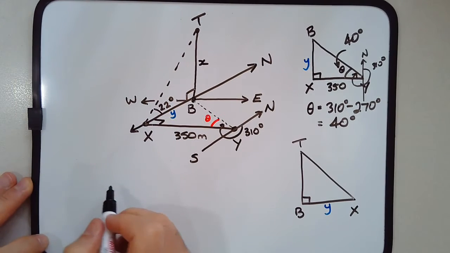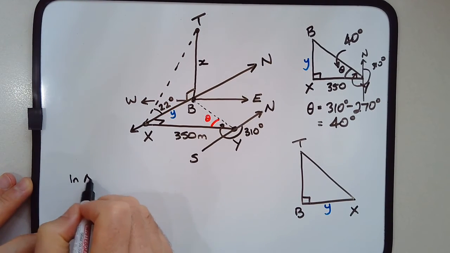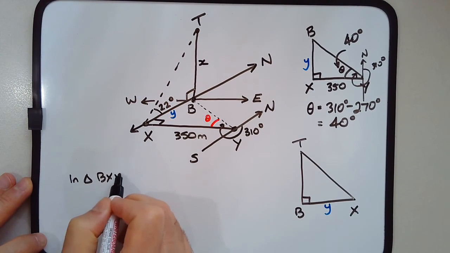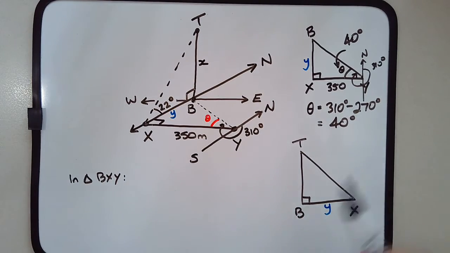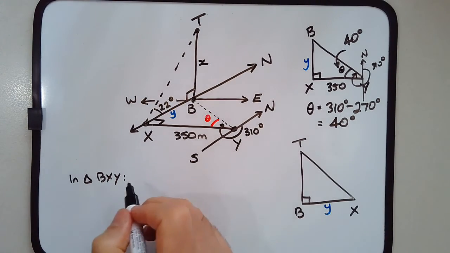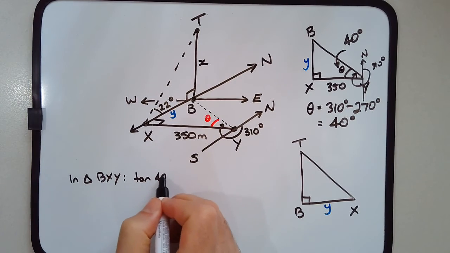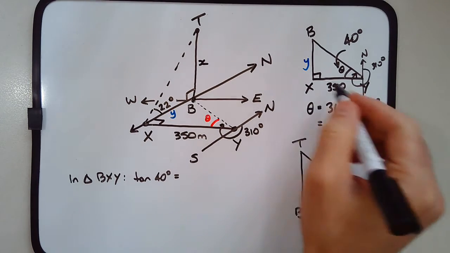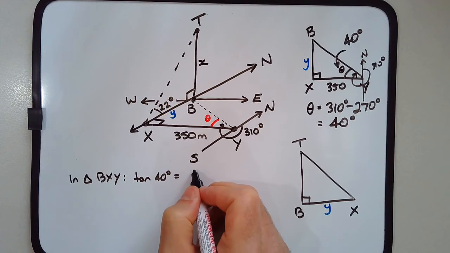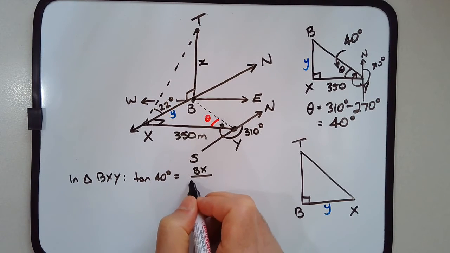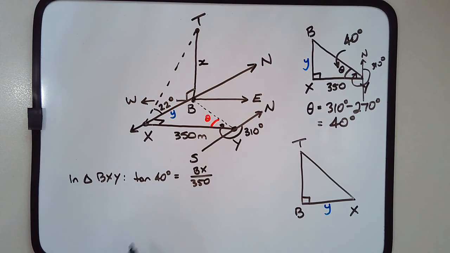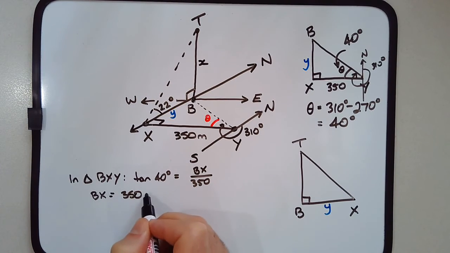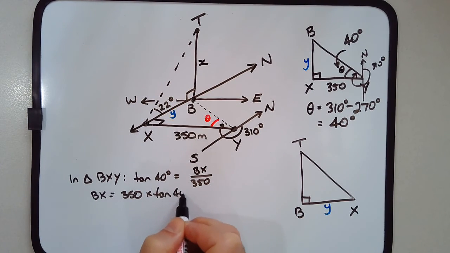In triangle BXY, we can use the tan ratio again. So tan of 40 degrees is equal to opposite over adjacent, so that's BX over 350. BX is equal to 350 multiplied by tan 40.